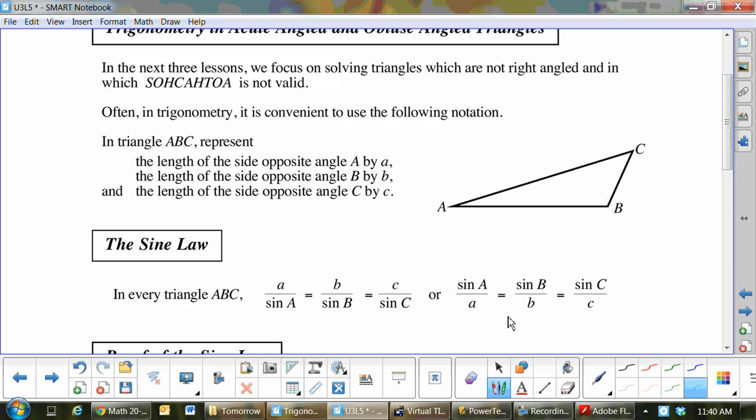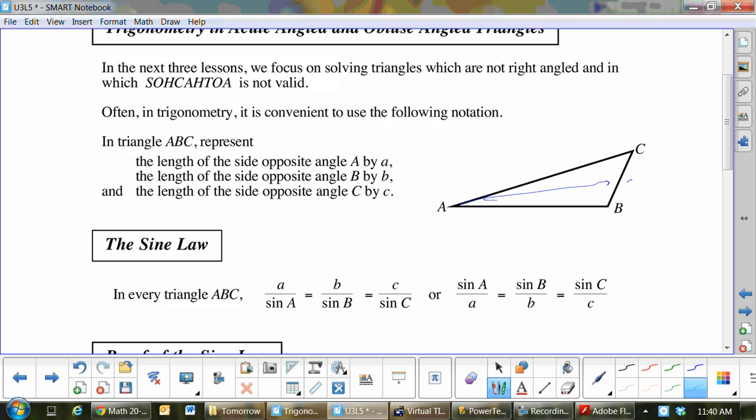Now, I do want to talk about something. See this triangle ABC? Those big letters are always given for angles. Uppercase, capitals, okay? Those are given for the angles. Sides are always given by the lowercase, okay? Now, the way you identify sides is the side is always opposite its angle. So, see how these two are opposite?